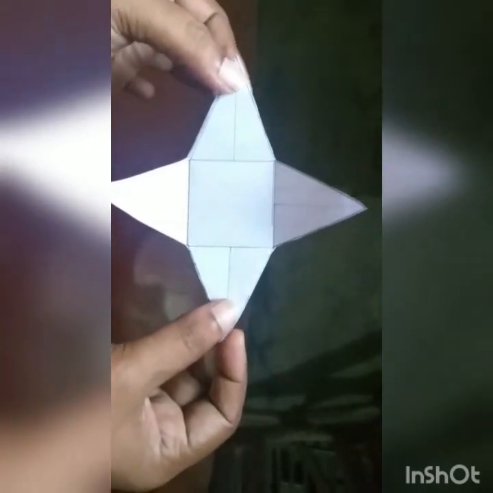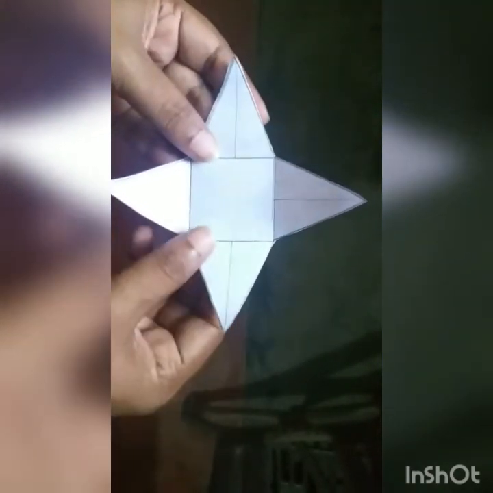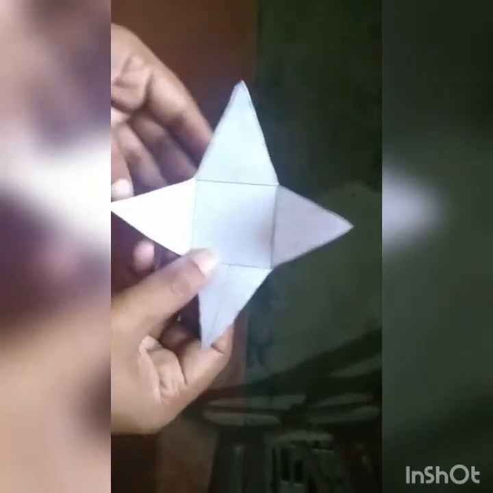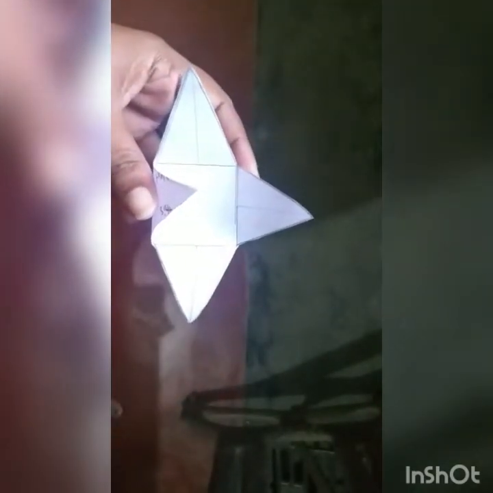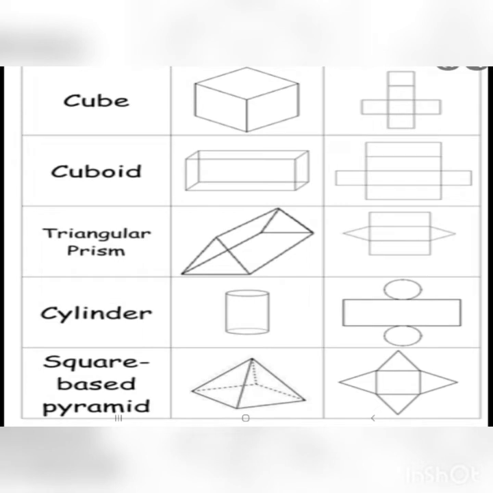Now you can try at home the net of different solids and make it. So that was the net of a square based pyramid. Now you can make the net of other solids by yourself and try at home. The nets are given in your textbook.